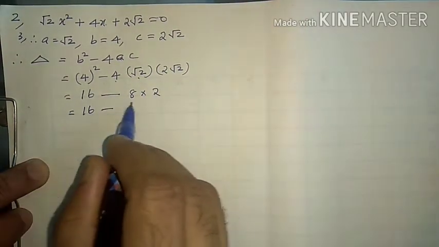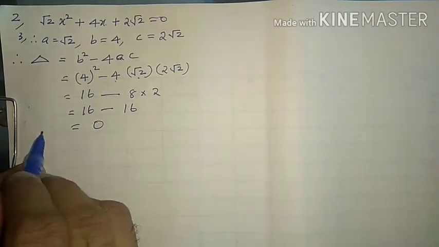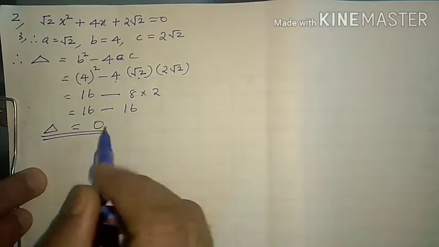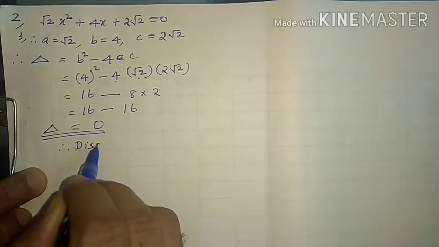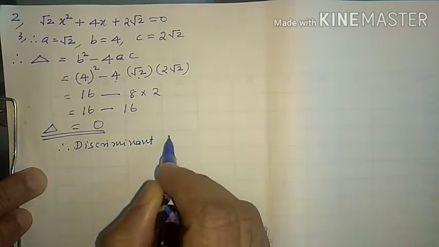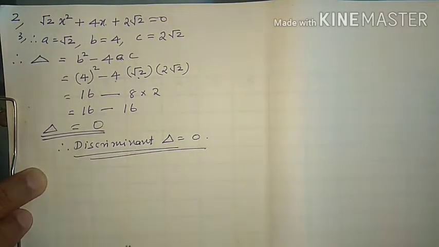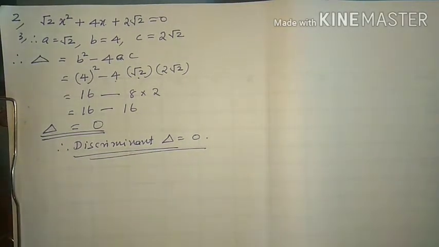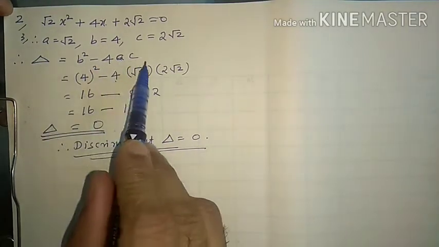This is 16. 8 twos are 16 with a minus sign. It is 0. Therefore, discriminant delta equal to 0. That is question number 2, sub question number 3. Here we are putting in this equation: discriminant is b square minus 4ac.